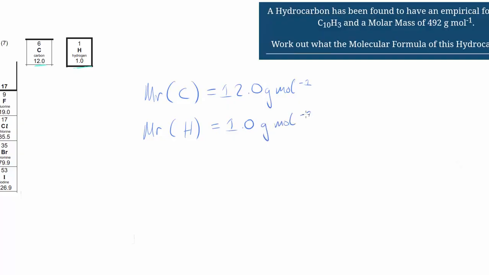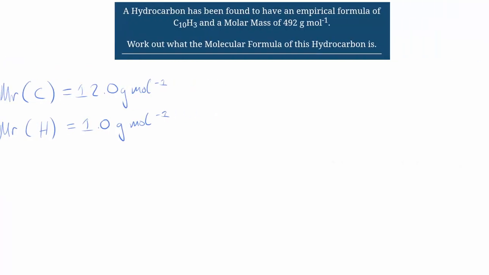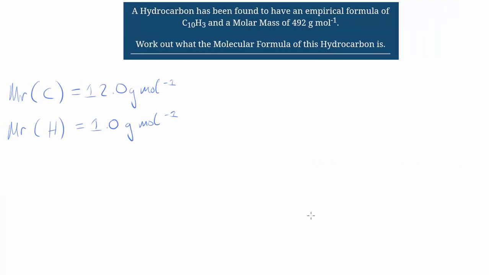Okay, so I'm going to use these to work out the molar mass of the empirical formula of the compound we've been presented with, which we've been told is C₁₀H₃. I can use that formula to create a calculation. We need to multiply the molar mass of carbon, which is 12, by the number of times carbon occurs in the empirical formula, denoted by the numerical coefficient, which is 10 for carbon.